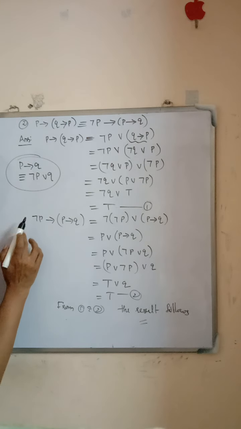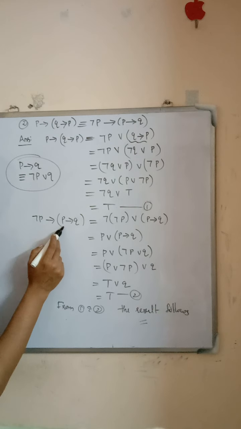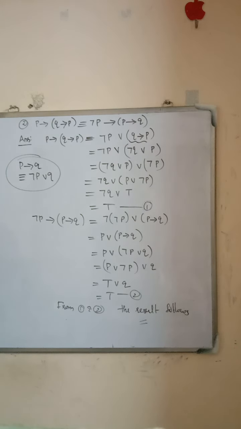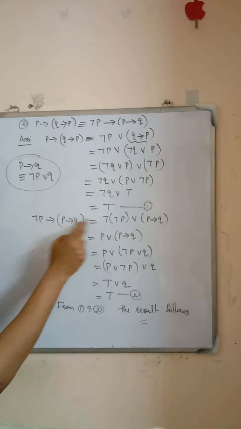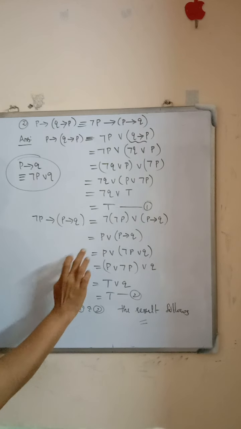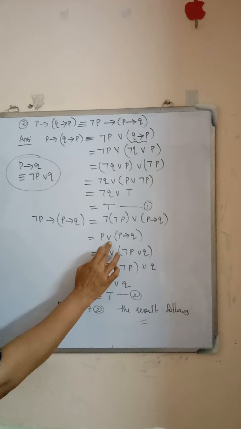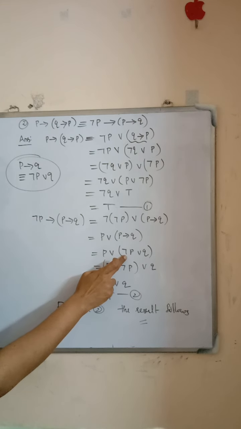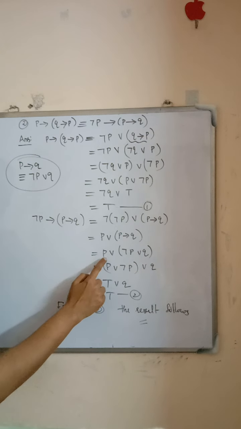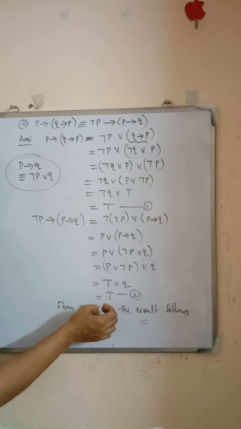Consider the right side. Negation P implies negation P conditional Q. Using this result, this term is also written as negation of negation P or P conditional Q. Negation of negation P is P, so P or P conditional Q. Again, P conditional Q is written as negation P or Q. P or negation P or Q, using the associative law, put a bracket here.